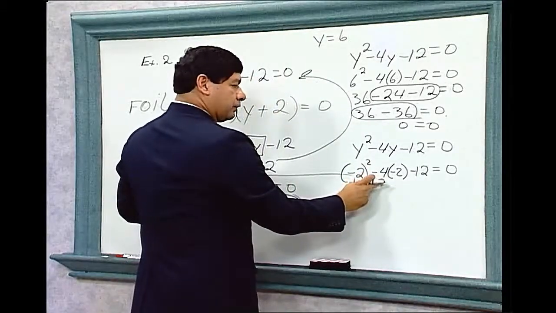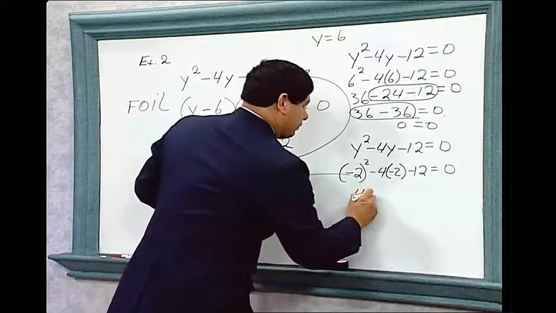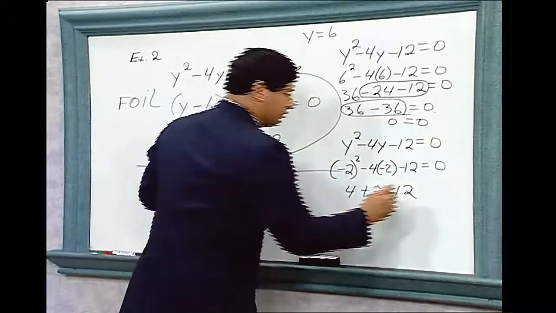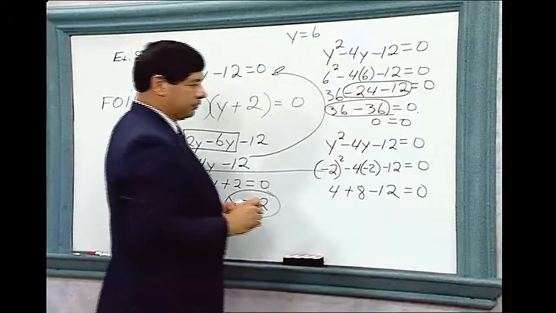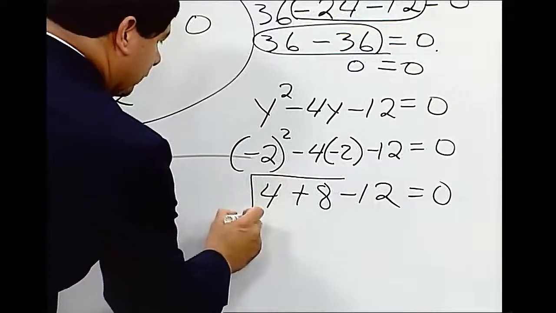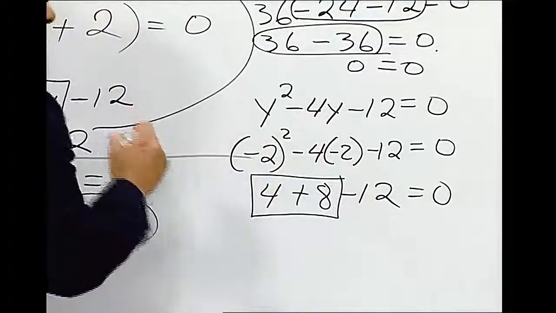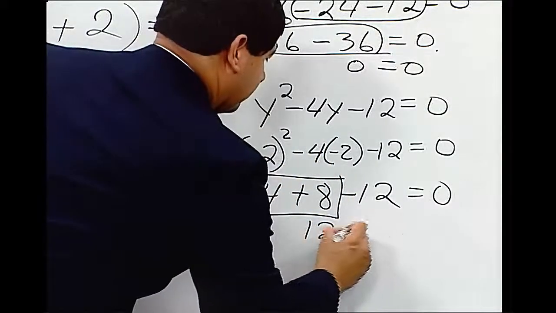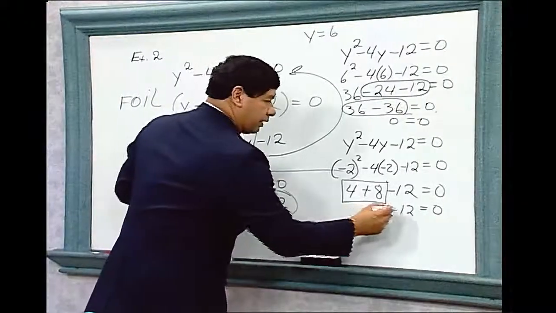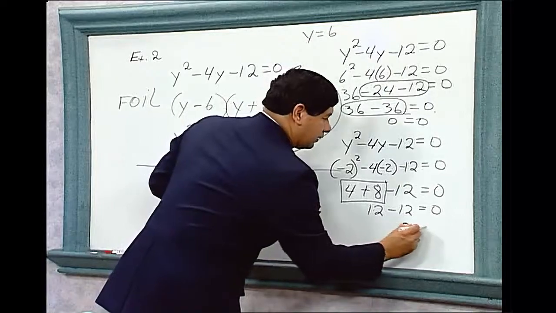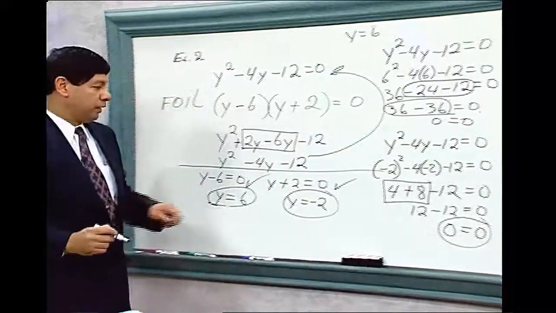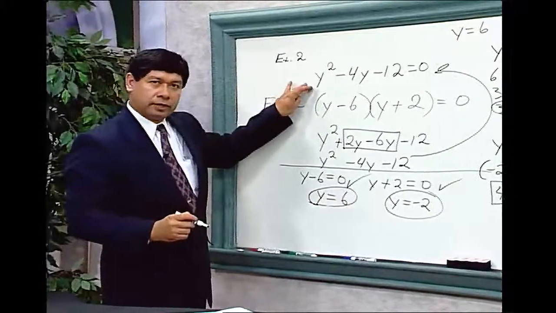Negative 4 times a negative 2 is plus 8, minus 12 is equal to 0. And can we combine any terms here? We have a positive 4 and a positive 8. And now we have 12 minus 12 is equal to 0. 12 minus 12 is 0 is equal to 0. That also checks out. So we have our solutions to this quadratic equation.